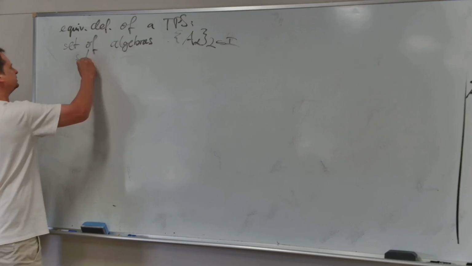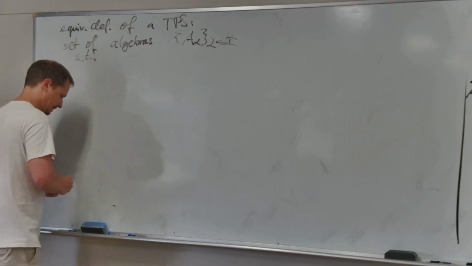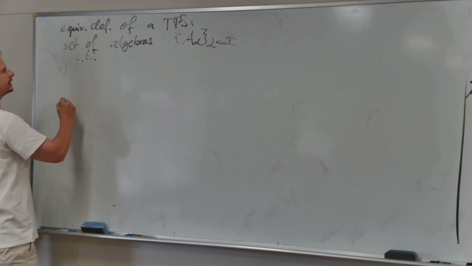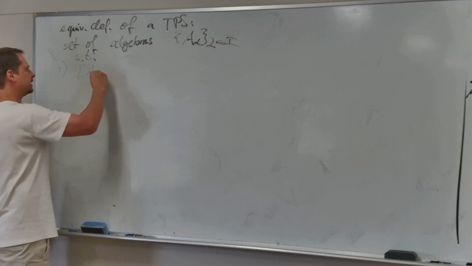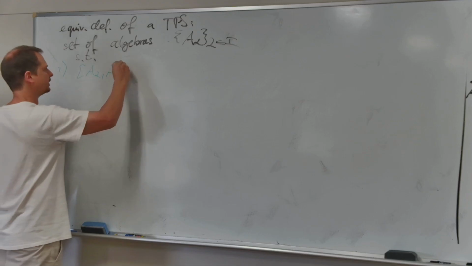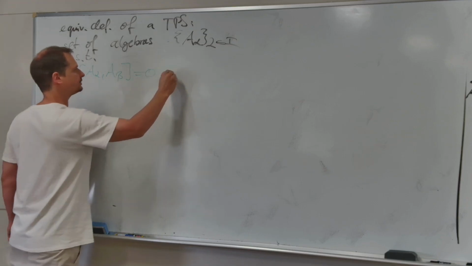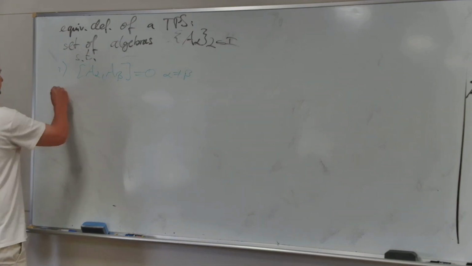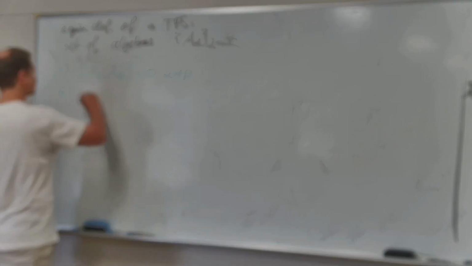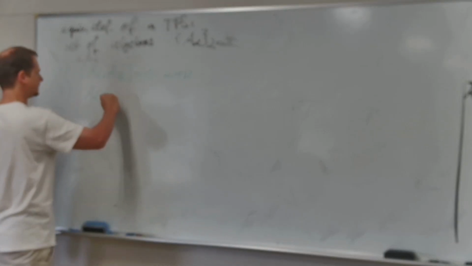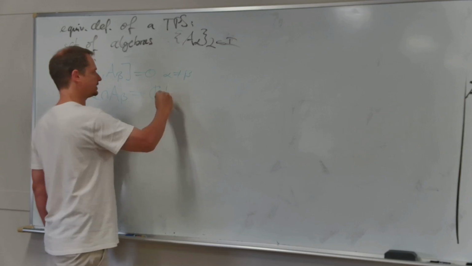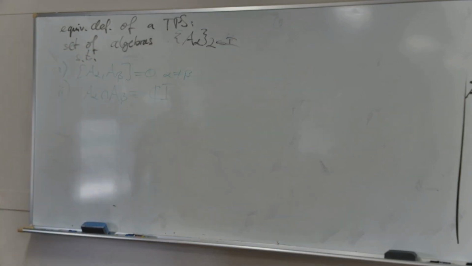such that, first, A alpha and A beta commute for alpha not equal to beta. Then, A alpha intersected with A beta is just C times the identity, so it's just the identity component.